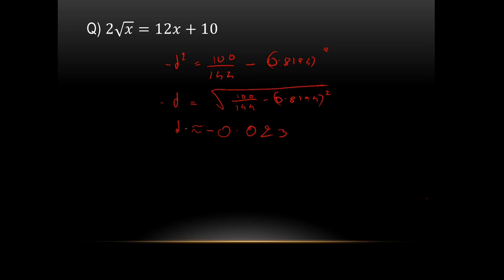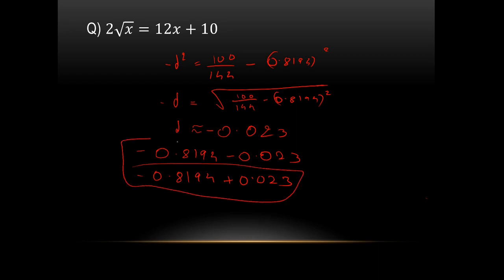So next we find our values. The two roots will be minus 0.8194 minus 0.02 and minus 0.8194 plus 0.02. So these two will be the two roots.